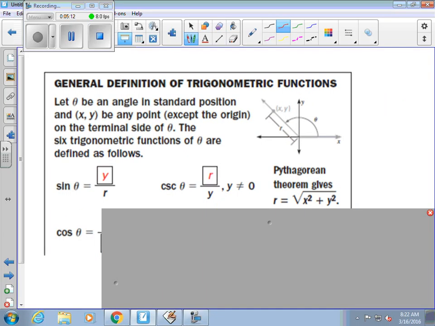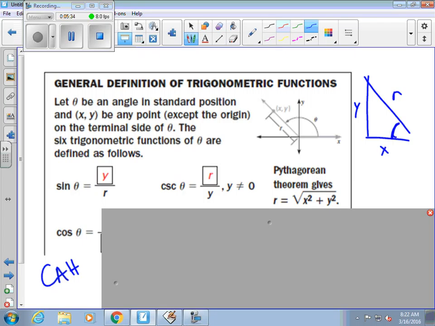Cosine is next. Remember, cosine, the CAH part of SOHCAHTOA, is adjacent over hypotenuse. The same triangle right here. This is r, this is y, and this is x, and this is the angle that you're referencing.